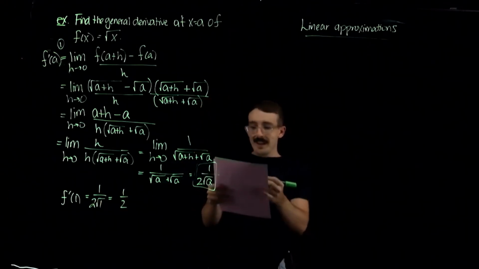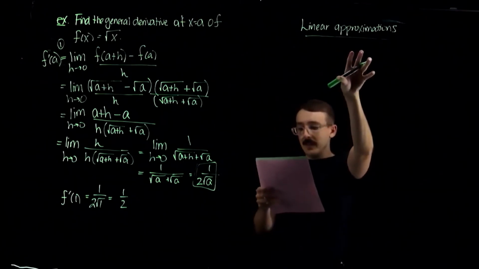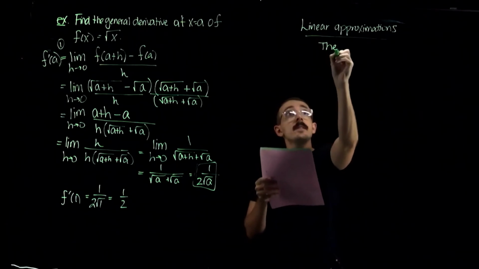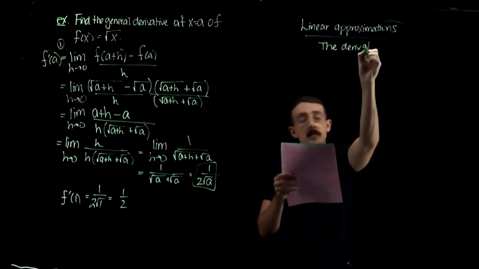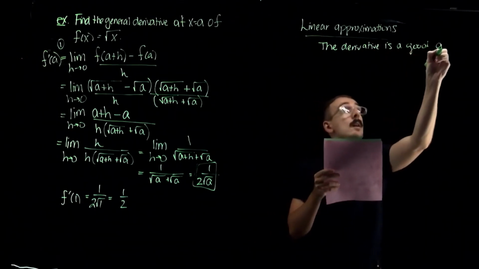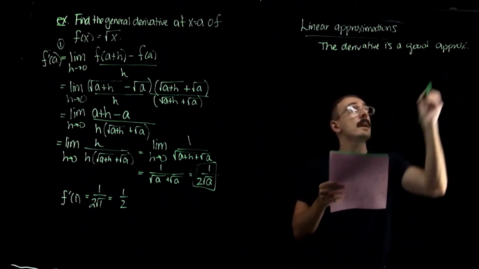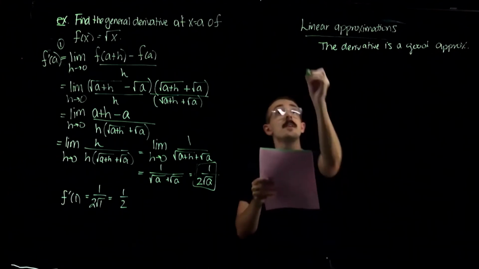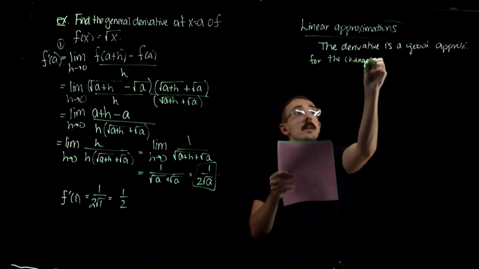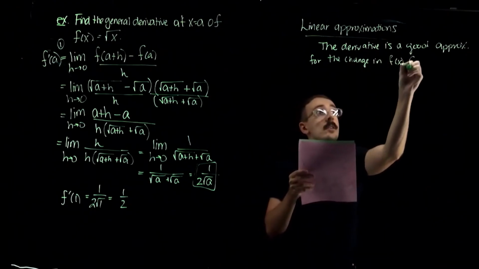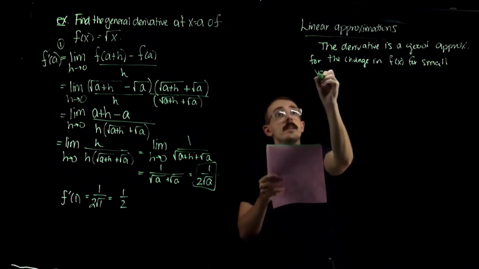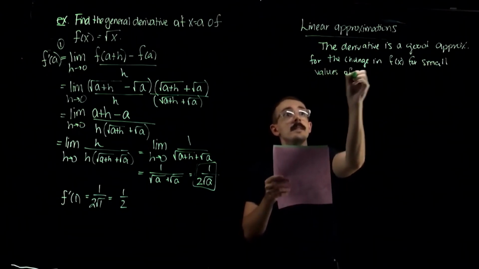OK? Let's talk about linear approximations a little bit. So I'll just put a note here. The derivative is a good approximation for the change in f of x for small values of delta x.